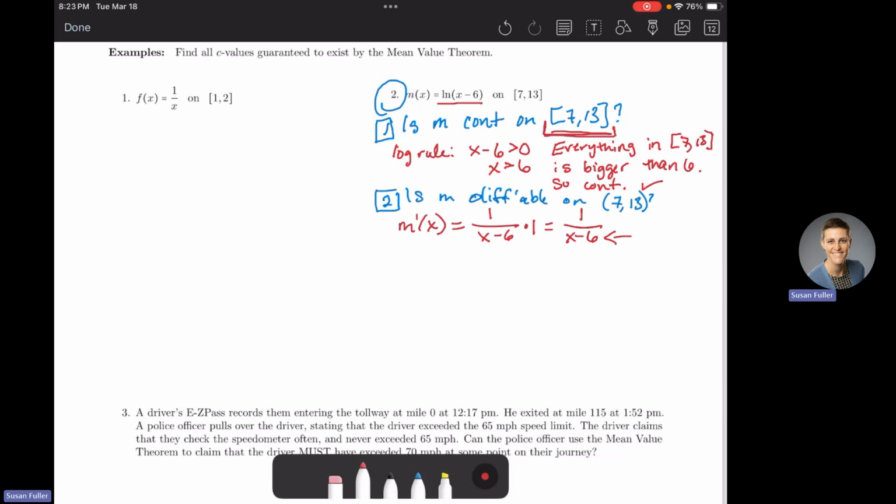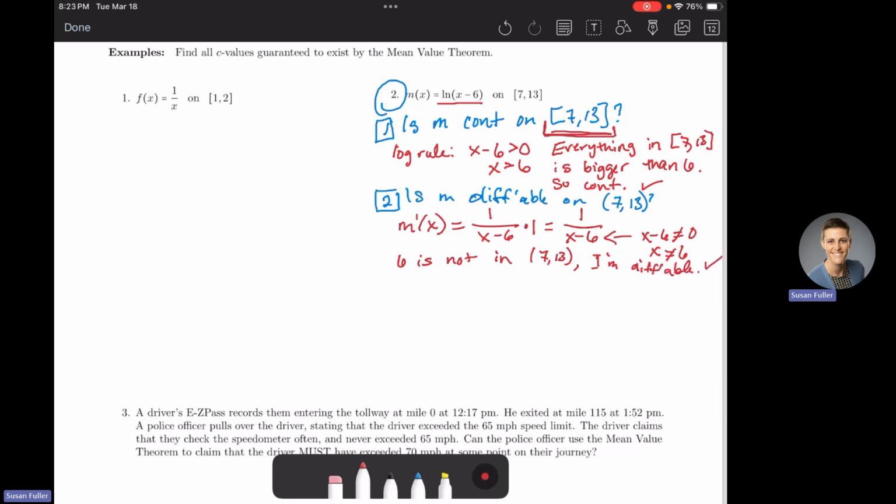And so we need to apply the fraction rule here. And the fraction rule says that the bottom can't be equal to 0. So this says that x can't be 6. So I'm going to be differentiable as long as x is not 6. And since 6 is not in my open interval from 7 to 13, I'm differentiable here.